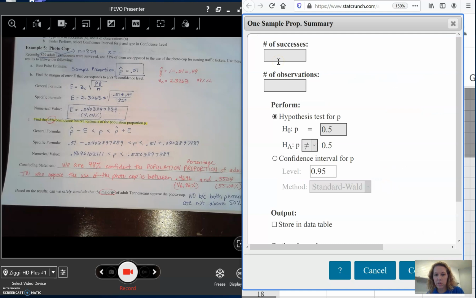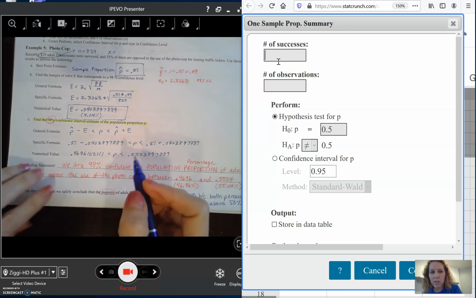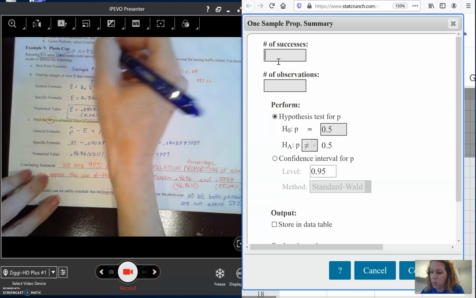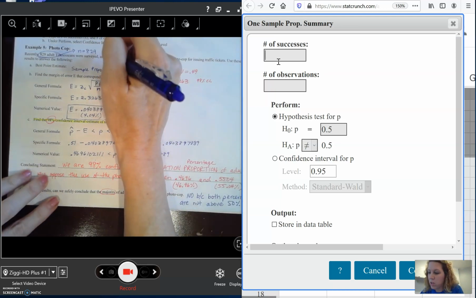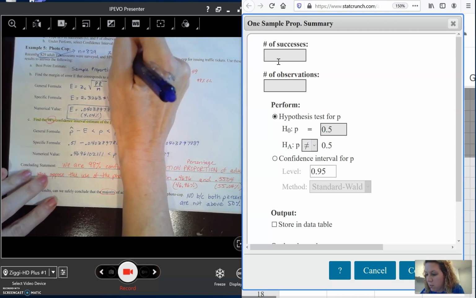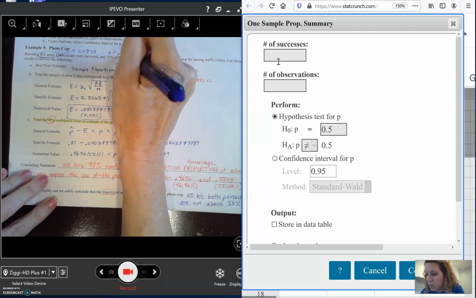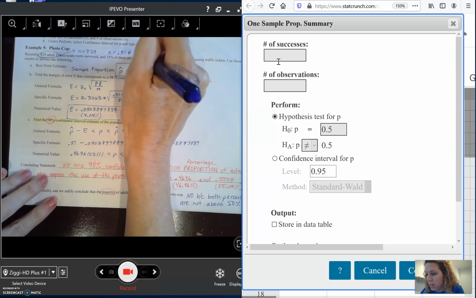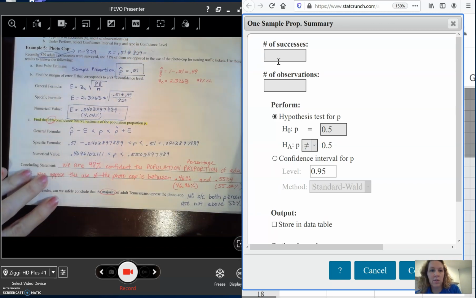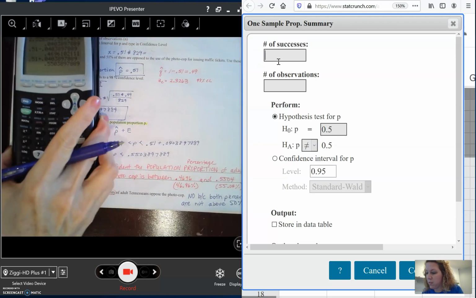Our number of successes, well, it said 51%. So with 51%, it doesn't tell us an exact number. So this is where we have to do some calculations here. So X is going to be 0.51 times the 829. So we have to figure that out first.